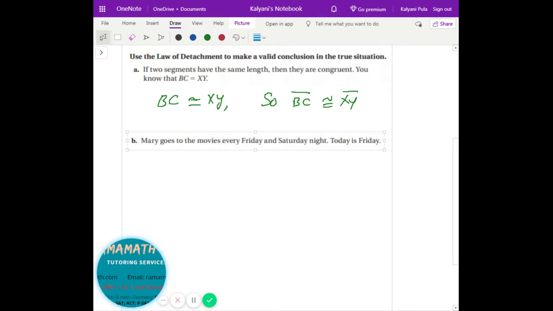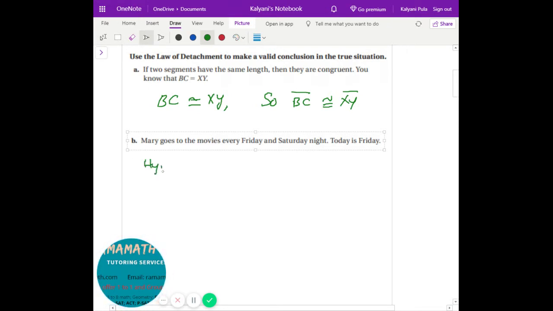Arjun, read the question. Mary goes to the movies every Friday and Saturday night. Today is Friday. So we need to tell whether that means she's going to the movies. First, we have to find out which one is the hypothesis and which one is the conclusion. So what is the hypothesis in this?